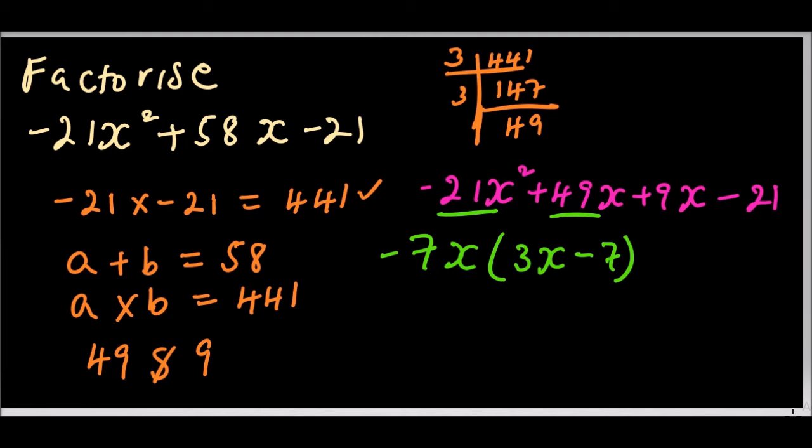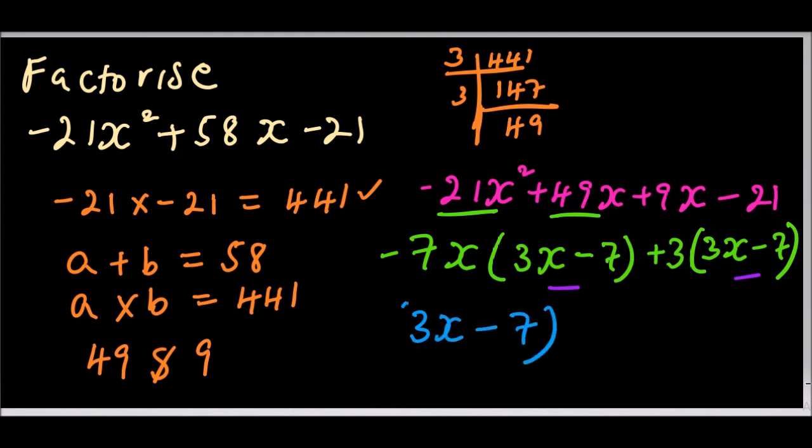Then here, what is common? Let's factor out 3. Here we'll be left with 3x minus 7. Always remember that whatever you factor here, what is inside the bracket must be the same, so that you can factor out 3x minus 7.